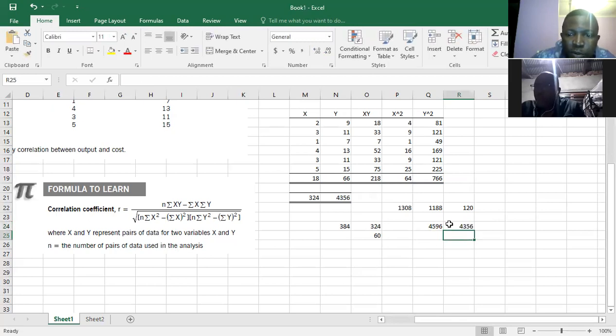Then we also do this minus this. That's what we have. Then we multiply the two guys because they're in brackets. This times this. Then we find the square root because there is a square root downstairs.